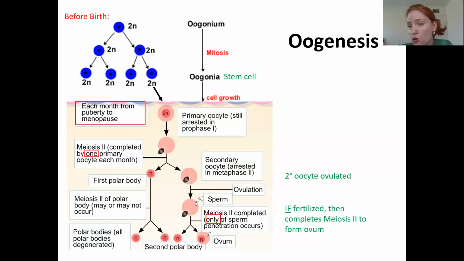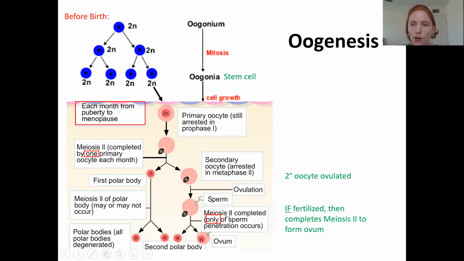So if you don't become pregnant, the one that would come off during menstruation, just sort of come out of your body, or sometimes they get degraded before they even come out, that would still be stuck as a secondary oocyte in metaphase 2. You don't get a finished, fully functioning, real gamete, which is called the ovum, unless the sperm penetrates it. And then from there, once they're fully finished, they'll combine together and create a zygote, and then an embryo, then a fetus, and so forth.